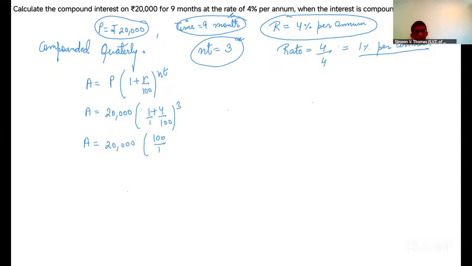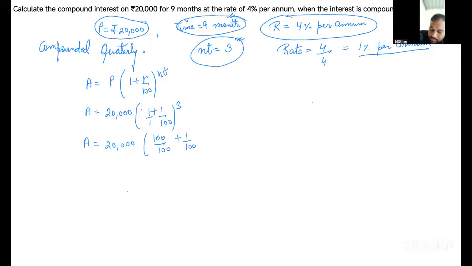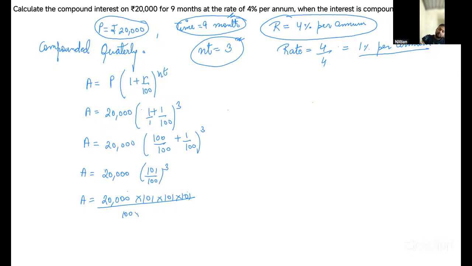Sir, that's 4. That's by 100. Shouldn't it be 1 then? If you solve this and tell me the answer.